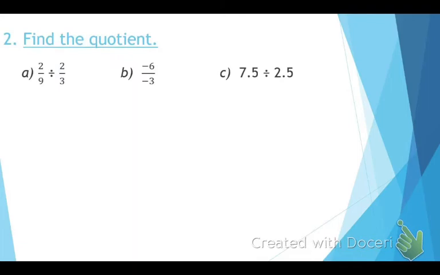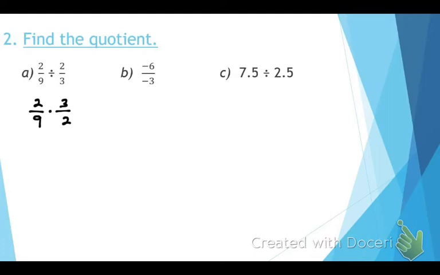Find the quotient. This first one, I am dividing a fraction by a fraction. Am I allowed to do that? No. What method do I have to use when I'm dividing fractions? KFC. Keep the first one, which is 2/9. Flip the second one, so it will be 3 over 2, and change the operation. Gabe, do it for me.